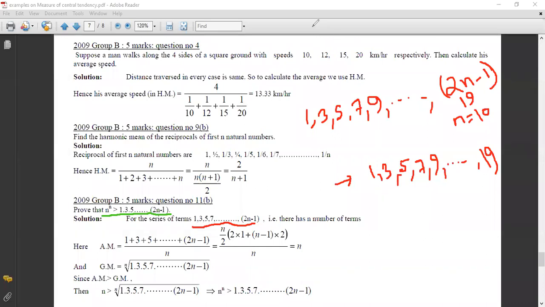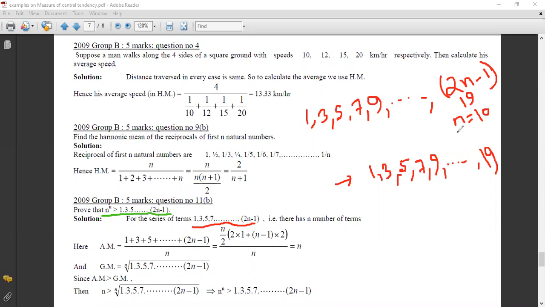If you simply calculate, 1, 3, counting 2, 5, counting 3, 7, counting 4, 9, counting 5, 11, counting 6, 13, counting 7, 15, counting 8, 17, counting 9, 19, counting 10. So 10 numbers are there.